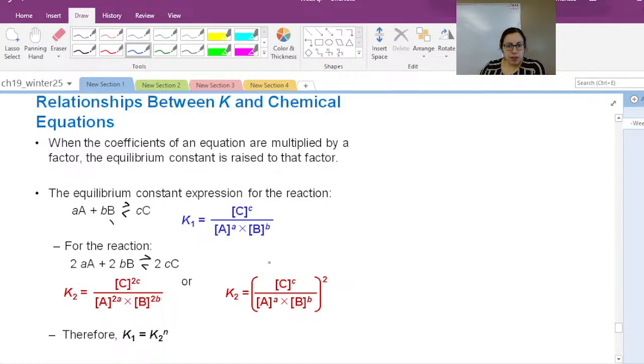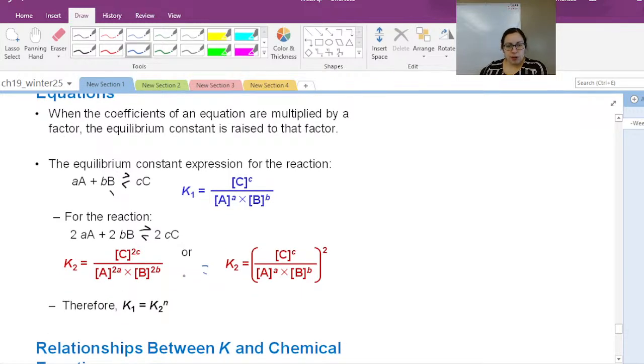And then if we double it, that's essentially the same as squaring everything, multiplying the exponents by 2. And then if we now have to take it to the 2a, so these are equal. Therefore, if we multiply an equation by some factor, then we take K to that power. If we'd taken it to the third or whatever, then we would take it to the third power, whatever we needed to do.